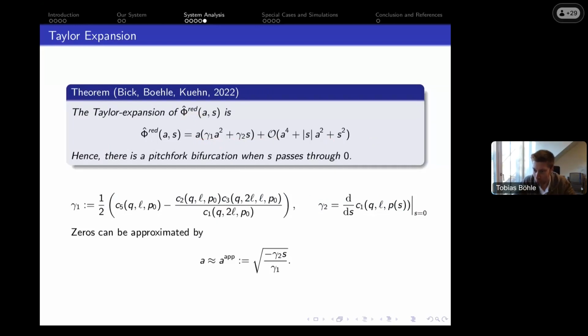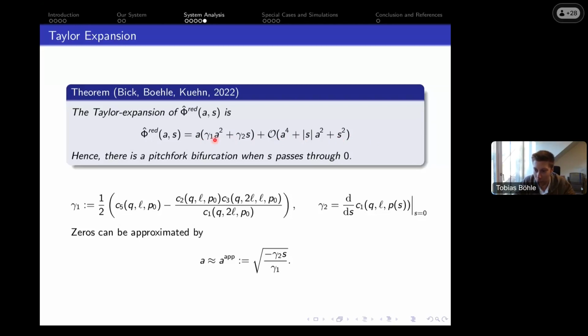But if you disregard the higher order terms here, then you can see that this is the normal form of a pitchfork bifurcation when the parameter s goes through the origin. So yeah, we found this theorem last year, but it was only published this year.